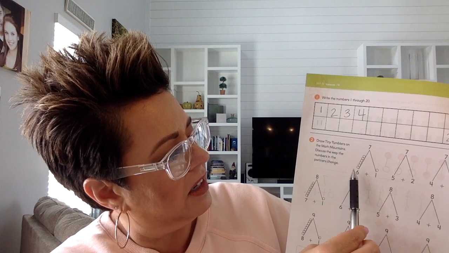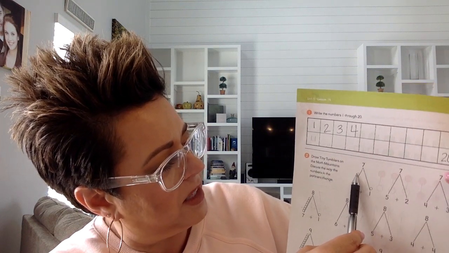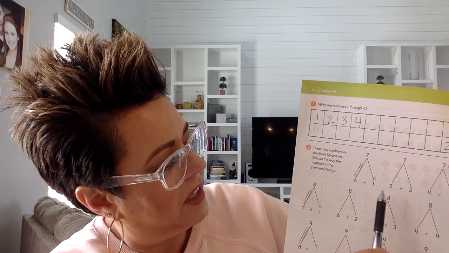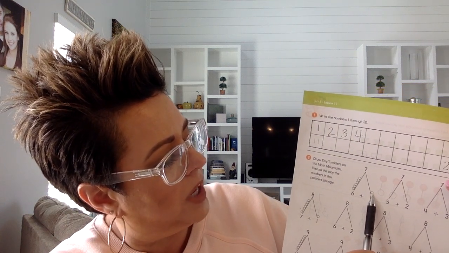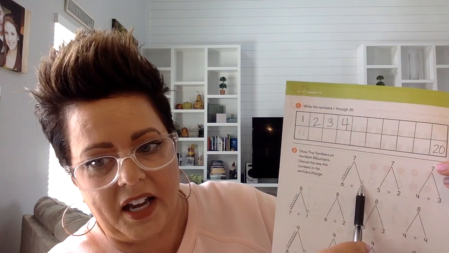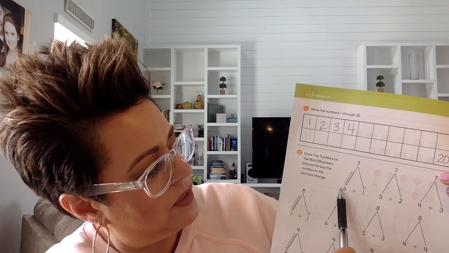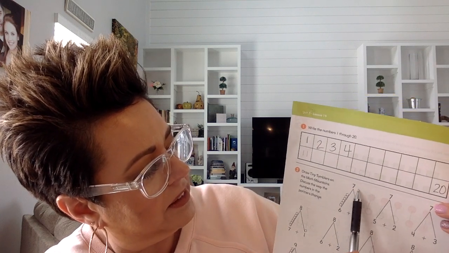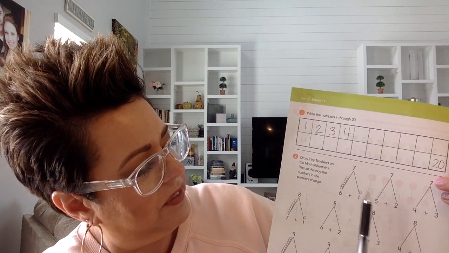So right here, there's a number 6. That means there should be 6 tiny tumblers on this side of the mountain. Right here, there is a 1. That means there should be 1 tiny tumbler on that side of the mountain. So that shows us 6 plus 1 equals 7. So 6 and 1 are partners of 7.